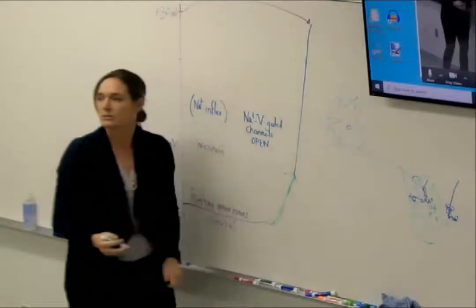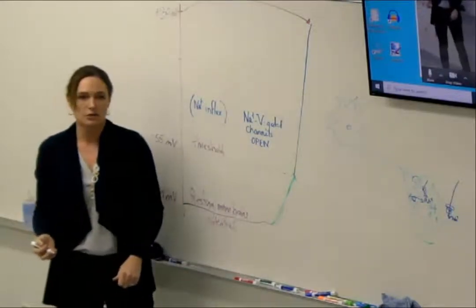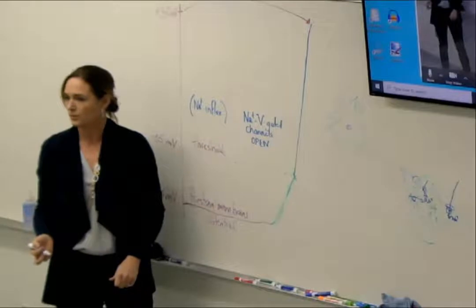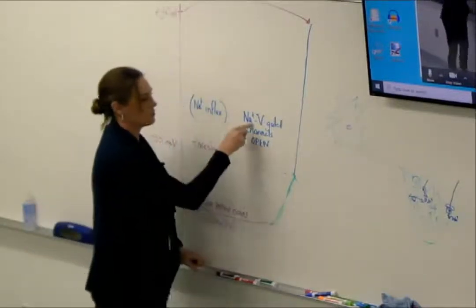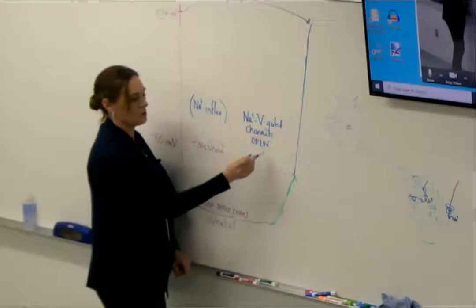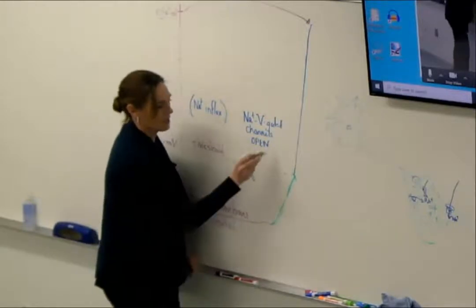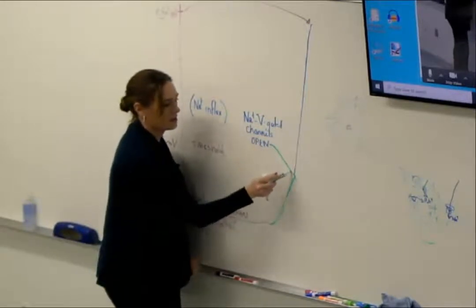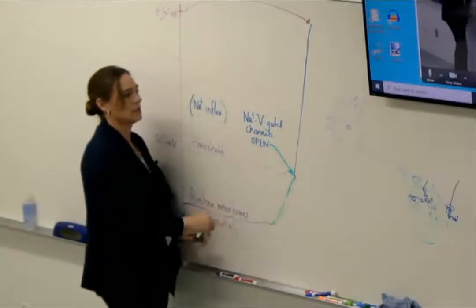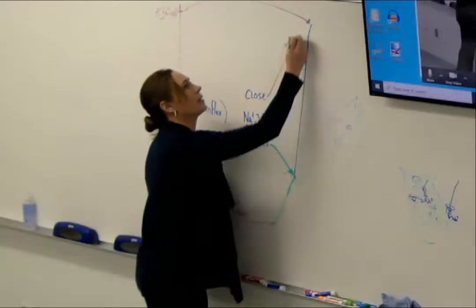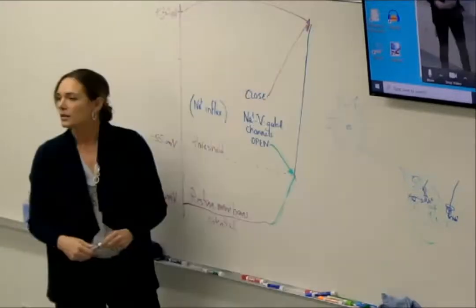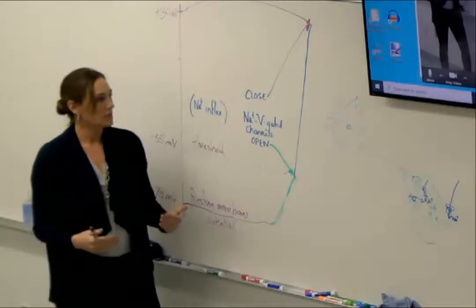What happens when we achieve plus 30 millivolts? So first we will talk about the sodium voltage gated channels opening. Let me put that here, they open here at the threshold. And then they are going to close up here.